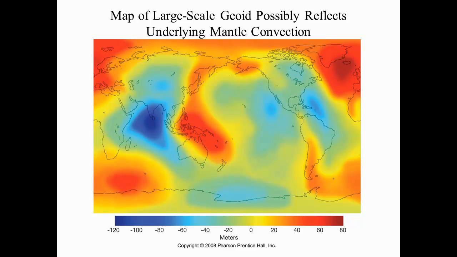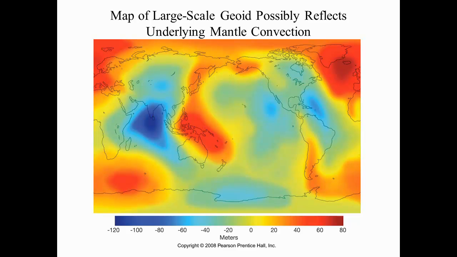And the reason I give you that information is because here's a map of large-scale geoid anomalies which possibly reflect underlying mantle convection. So notice that in that color-coded scale below, the 0 represents the geoid corresponding to a perfect spheroid, okay?